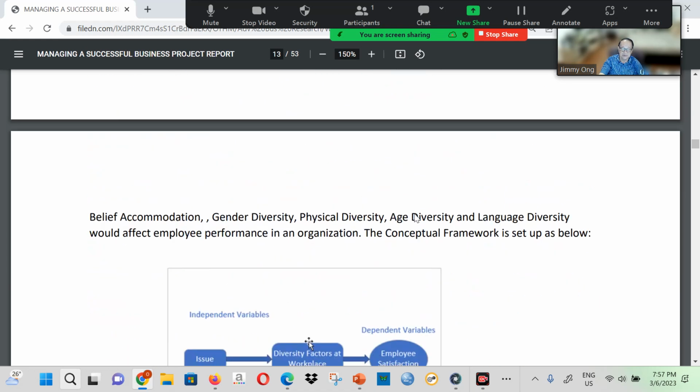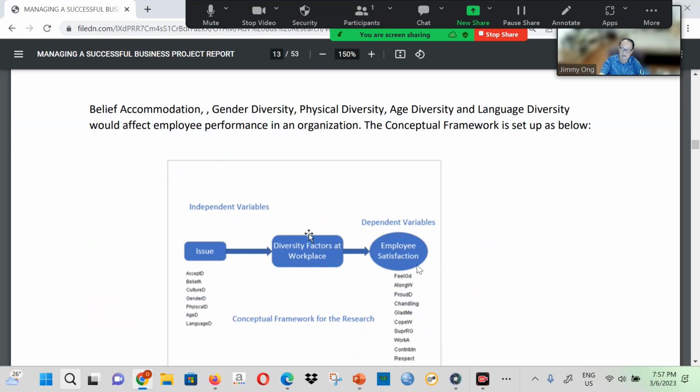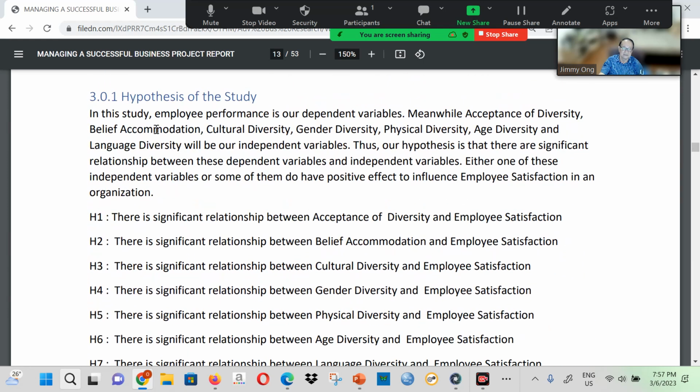So his hypothesis is very clear. Any of this affecting this is my hypothesis. I want to know whether it is significant, whether age is important or not, whether culture is important. Important means significant. So from here I form my hypothesis. I make my hypothesis very clear.